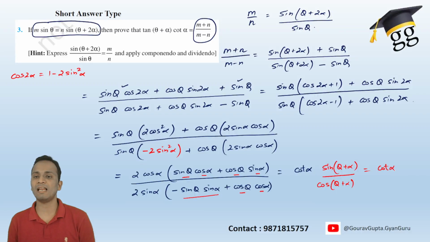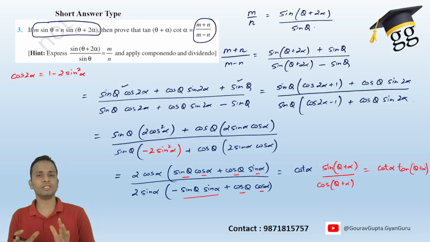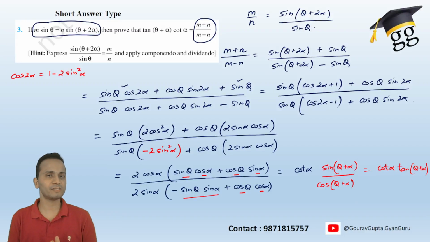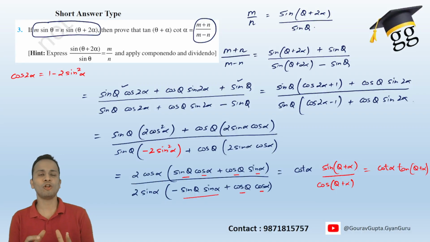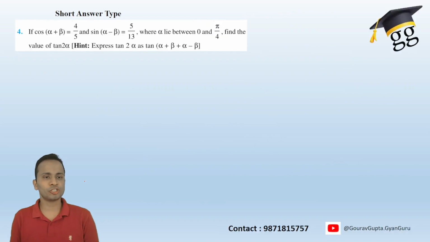So cot alpha as it is. Sine upon cos is tan, so this will become tan theta plus alpha, which is what I have to prove on the other side, and hence question 3 is also done. This one was not at all difficult, but a lot of steps had to be written. Now moving on, next question, question number 4.